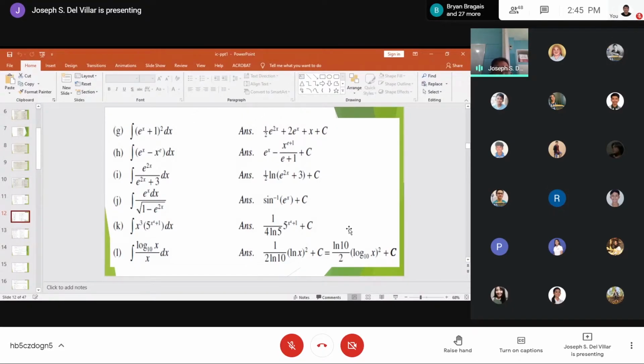Yes, only 2 is missing. So we introduce 2, and then we introduce also 1/2. So that is already exact. So we apply the formula. So we copy the 1/2, yung inintroduce natin. So 1/2 times the natural log of the denominator plus c. Okay? So 1/2 ln of e to the 2x plus 3 plus c.